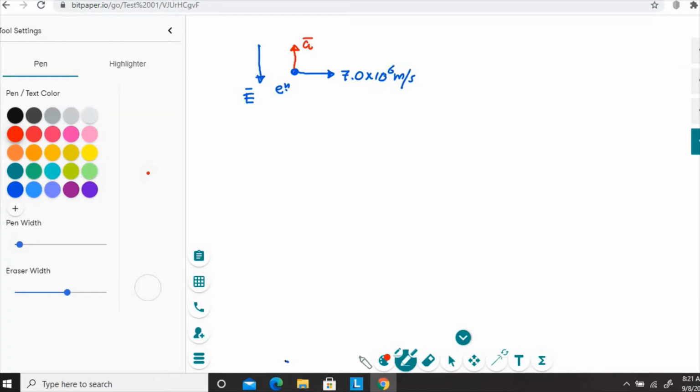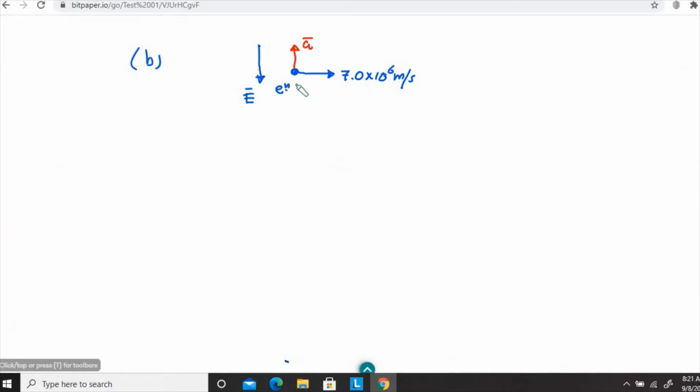Now from general physics 1, you should realize that this is similar to horizontal projectile motion, right? If you recall projectile motion, let's say that you have some sort of a building, and you have an object here.